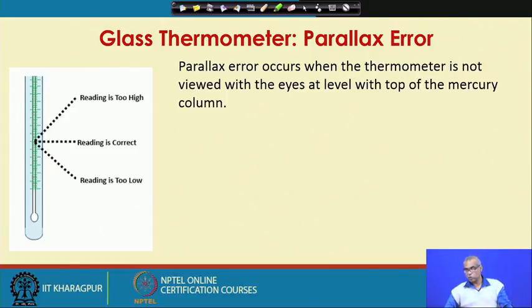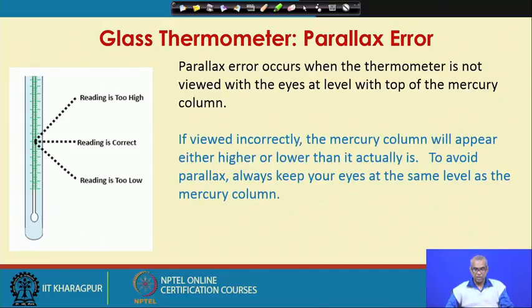The correct way to read thermometer is that your eyes will be at level with the top of the mercury column. If viewed incorrectly, the mercury column will appear either higher or lower than it actually is. To avoid parallax, always keep your eyes at the same level as the mercury column.